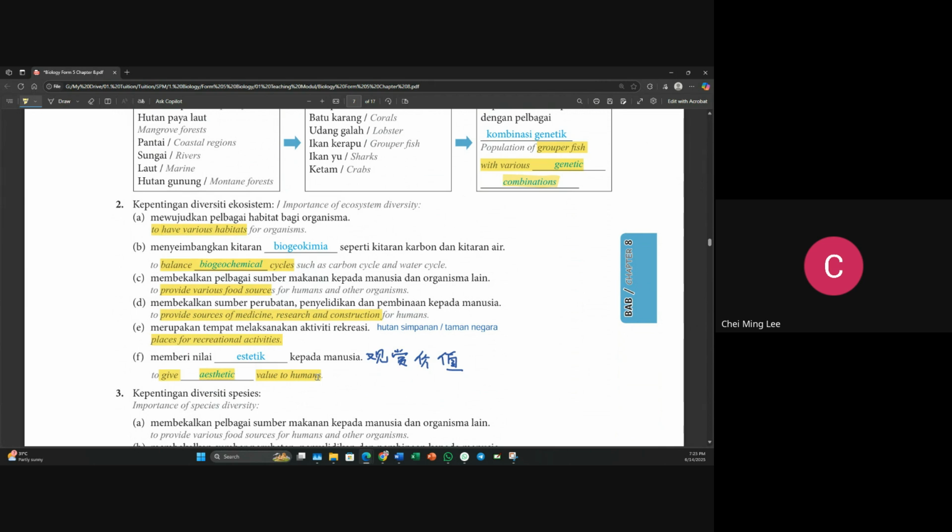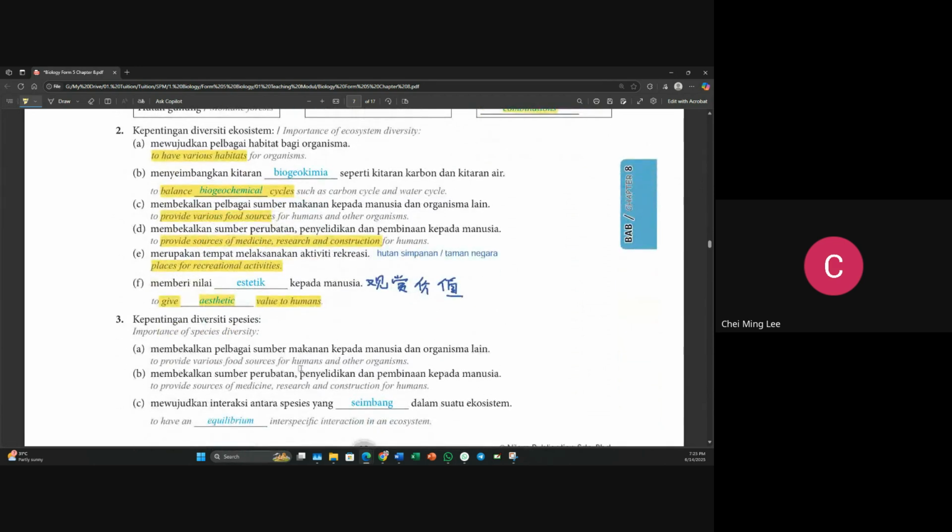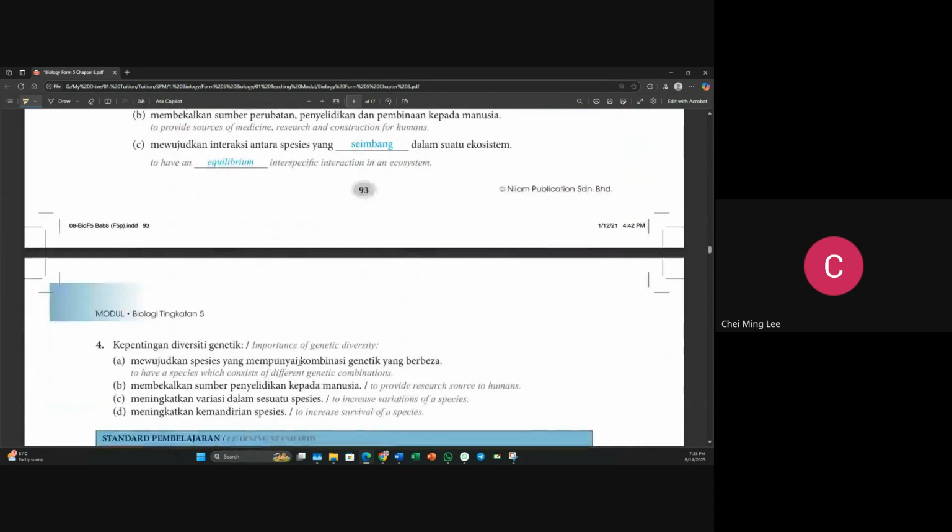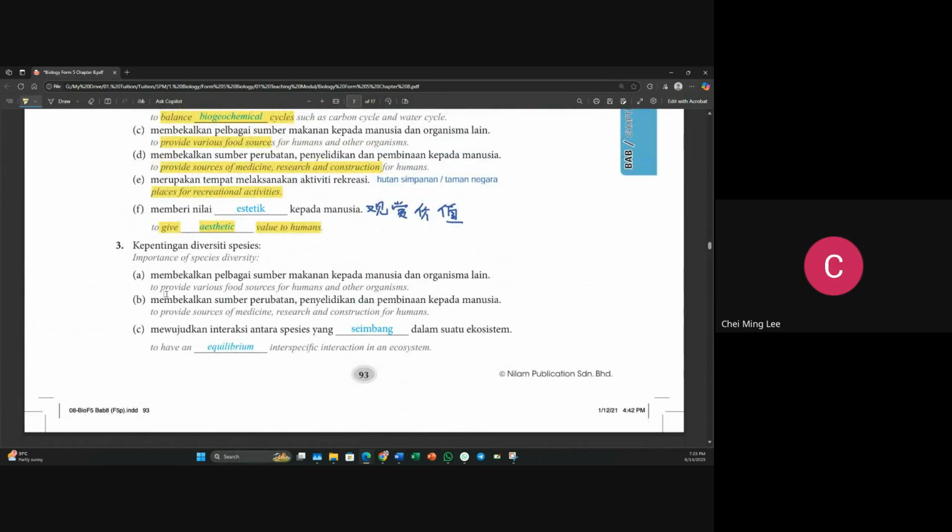Okay. Now, the importance of species diversity. This is to provide various food sources as well, and then provide the source of medicine. You see, these two are almost similar to the top one. However, the last one is to have equilibrium of interspecies interaction inside an ecosystem.